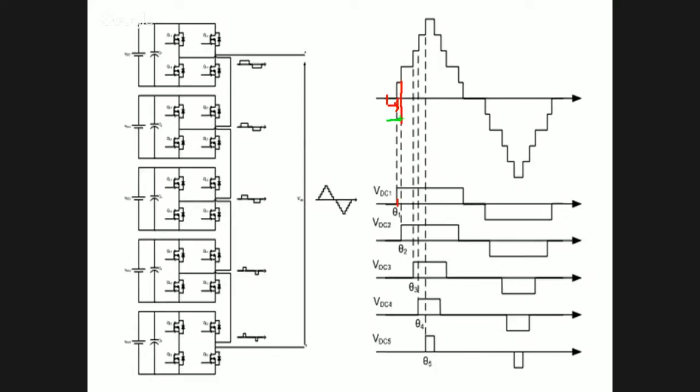This one is my theta 2. So it should be greater than alpha 1 but less than theta 2. And what is my third angle here? You can see this from here. This is nothing but my theta 3. So my theta 2 should be greater than theta 1, but it should be less than theta 3.